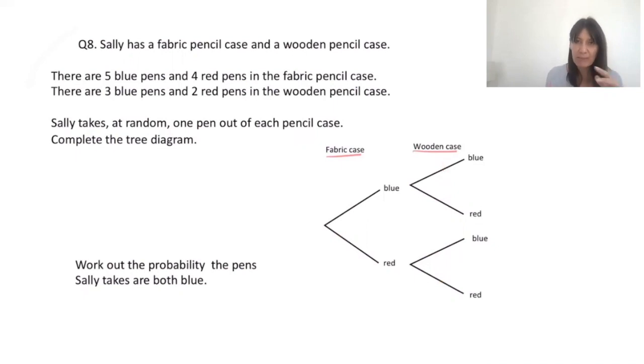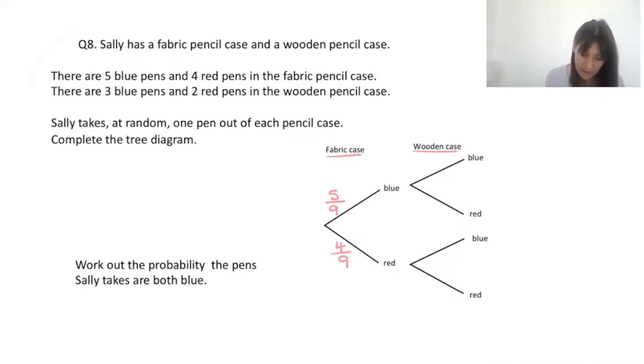Because sometimes we try and combine the two and it doesn't work when we do that. So there are 5 blue pens and 4 red pens in the fabric pencil case. So that's my first part. So I'm going to be putting 5 out of 9 for the blue and 4 out of 9 for the red.